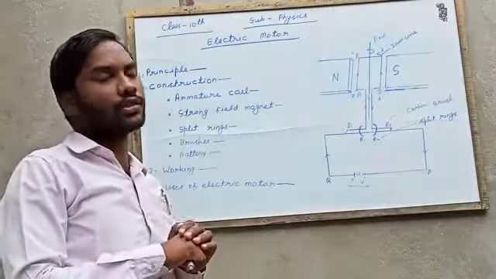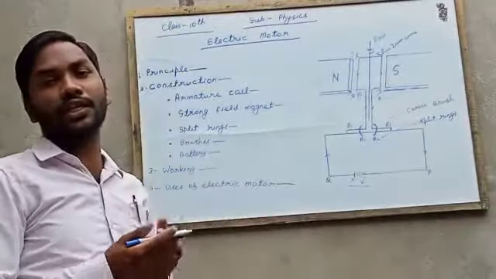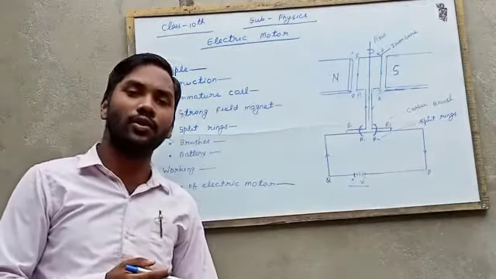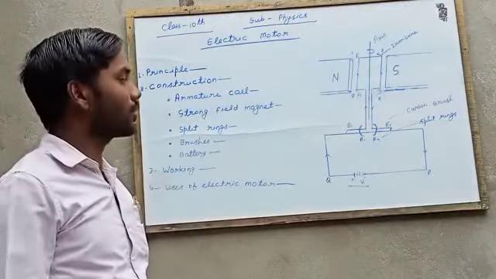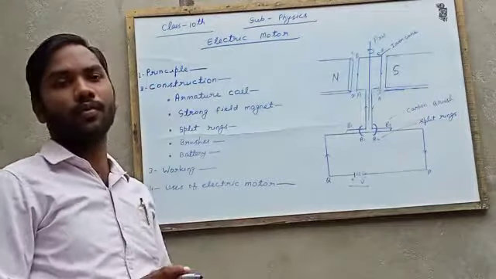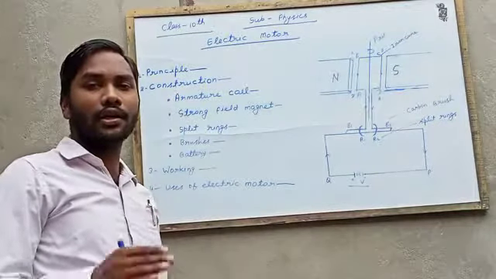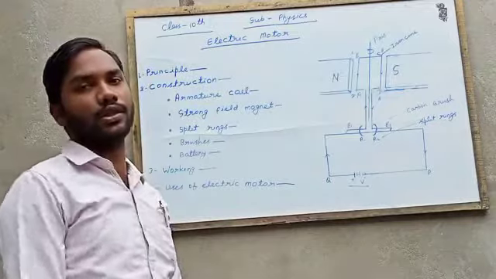In this stage, the split rings, you can call it a commutator also, because a commutator is a device which is used to change the direction of electric current. So in this stage, the commutator changes the direction of electric current and ensures that the current is flowing in the same direction.